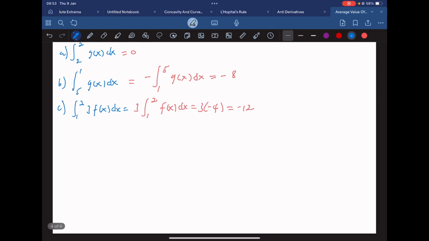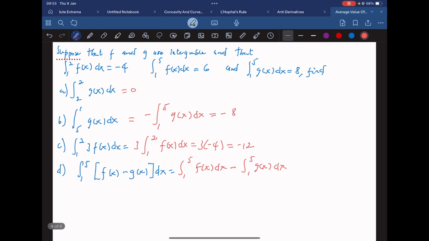Okay, let's look at the fourth one. We have 5 f of x minus g of x. So in that case, we can rewrite this as the integral of 1 to 5 of f of x dx minus the integral of 1 to 5 g of x dx.